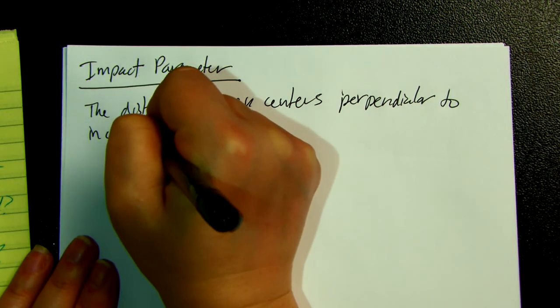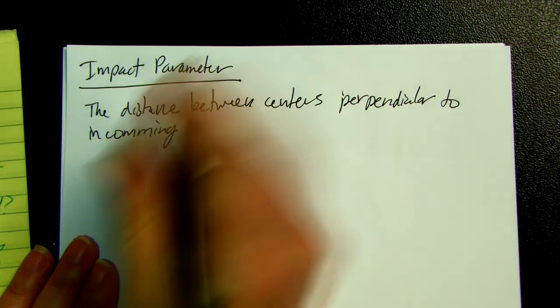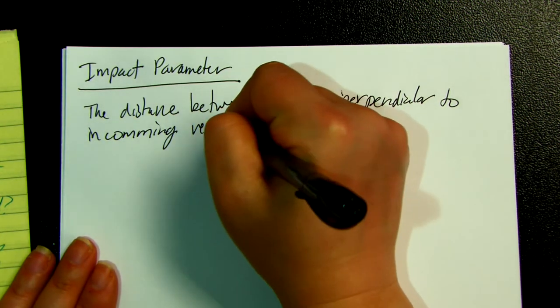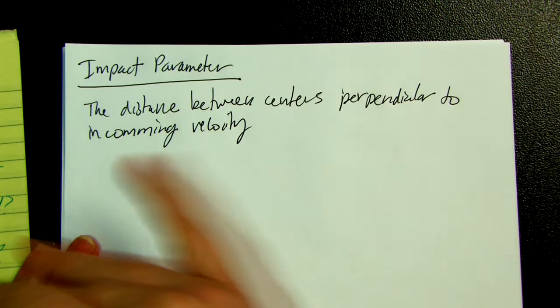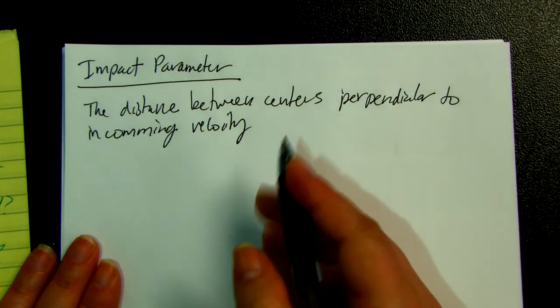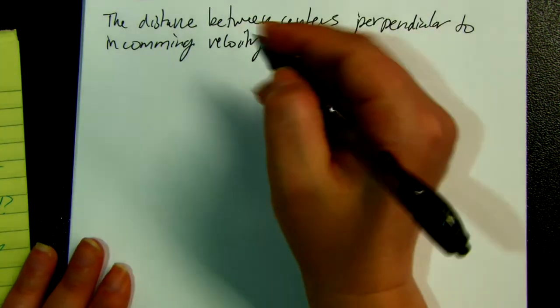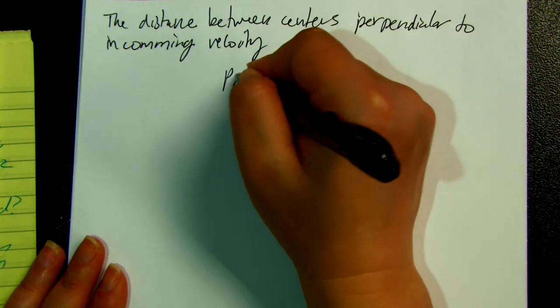It's different to hit something straight on than to hit it off to the side. It's not really at a different angle, it's just more off to the side. All right, so I draw pictures for this.